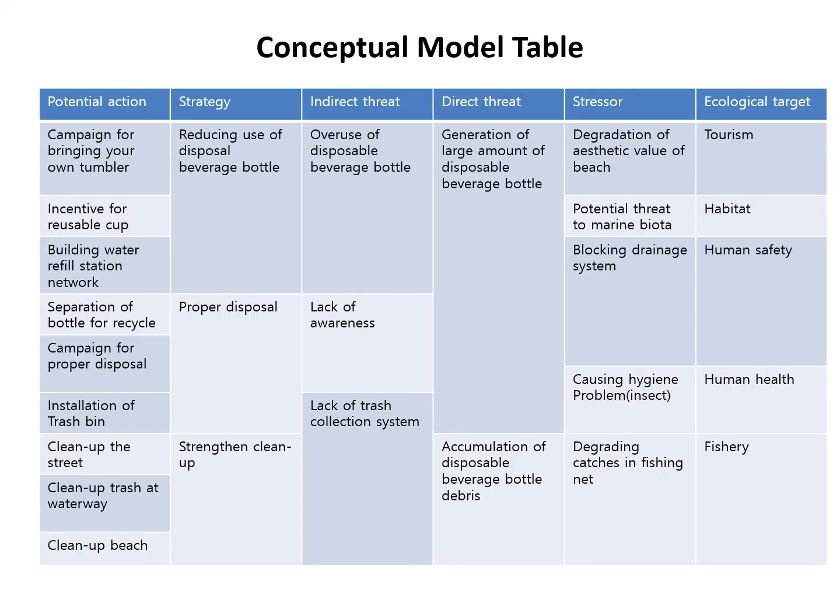This is an example of using a table to make a conceptual model on beverage bottle debris. You can use any kind of tool you are familiar with. You can use a paper and pencil or PPT or any other computer program for this work.